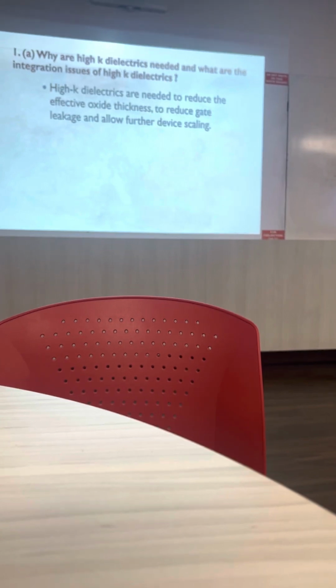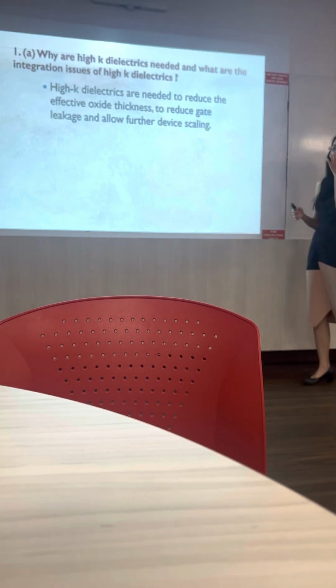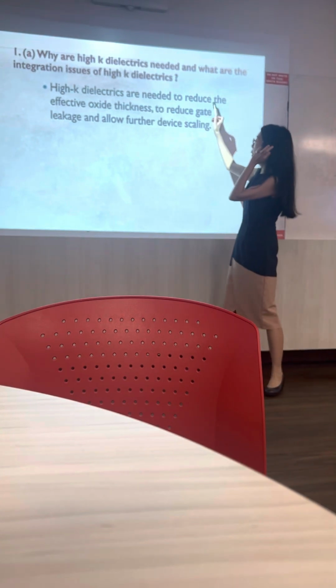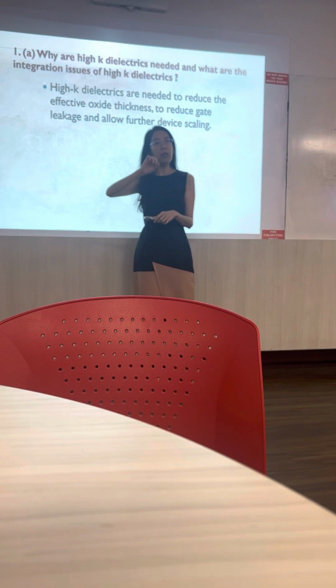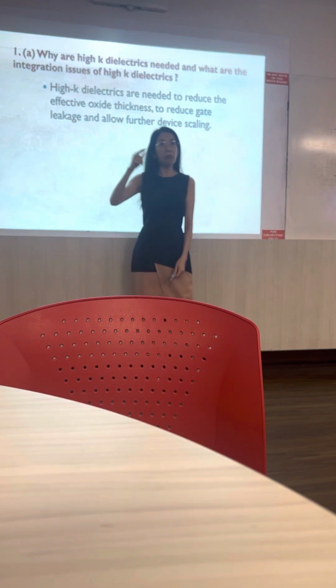Okay. So when you explain, try to explain the concepts that you have assimilated. For example, here are just some keywords, but you can elaborate on them to make it more understandable. It helps to reduce the effective oxide thickness. That means it's equivalent to an SiO2 that is thinner, because of the performance.